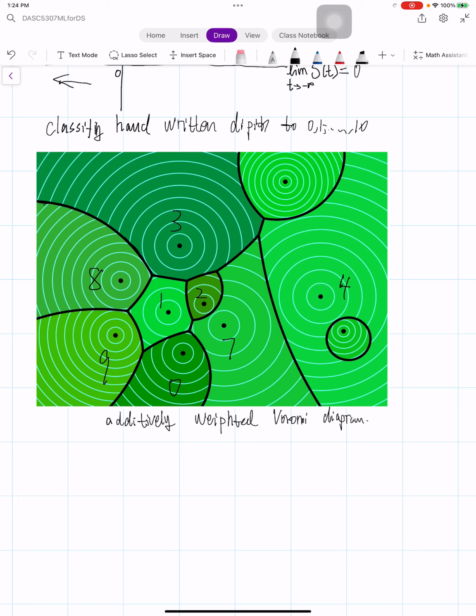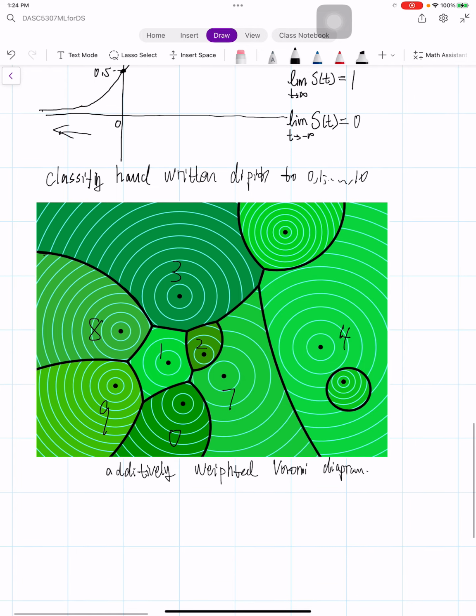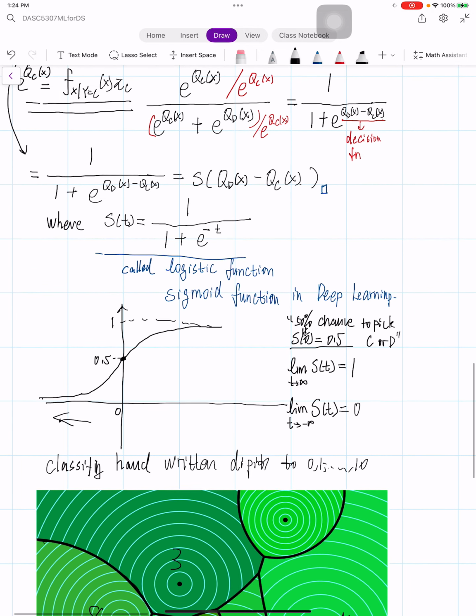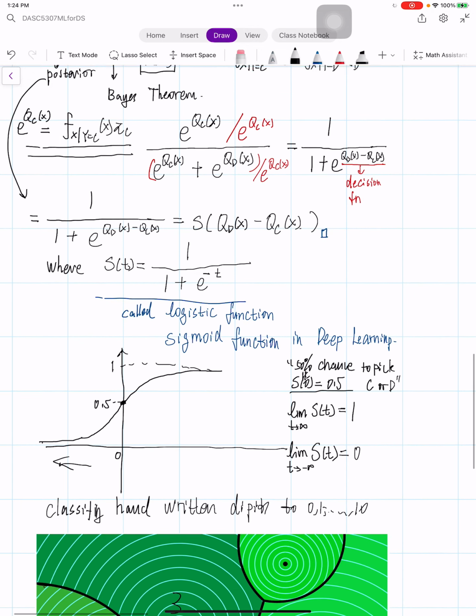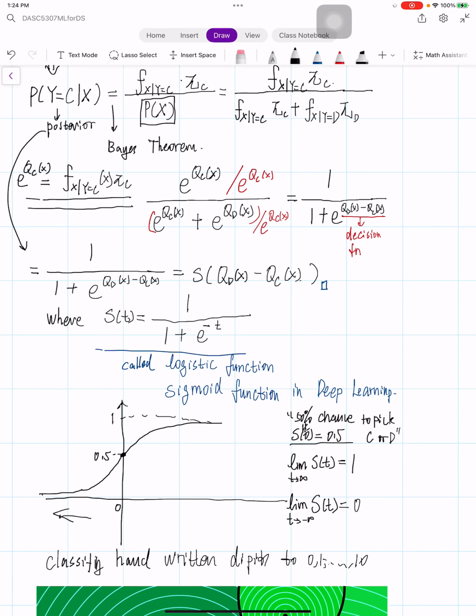So this quantity shows us the posterior probability that we are making the correct decision.